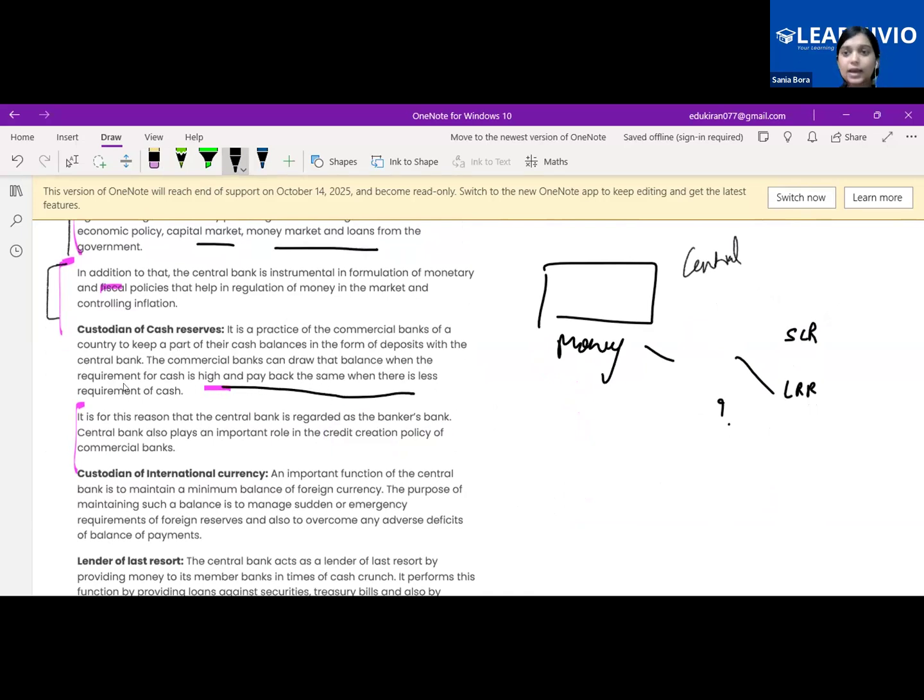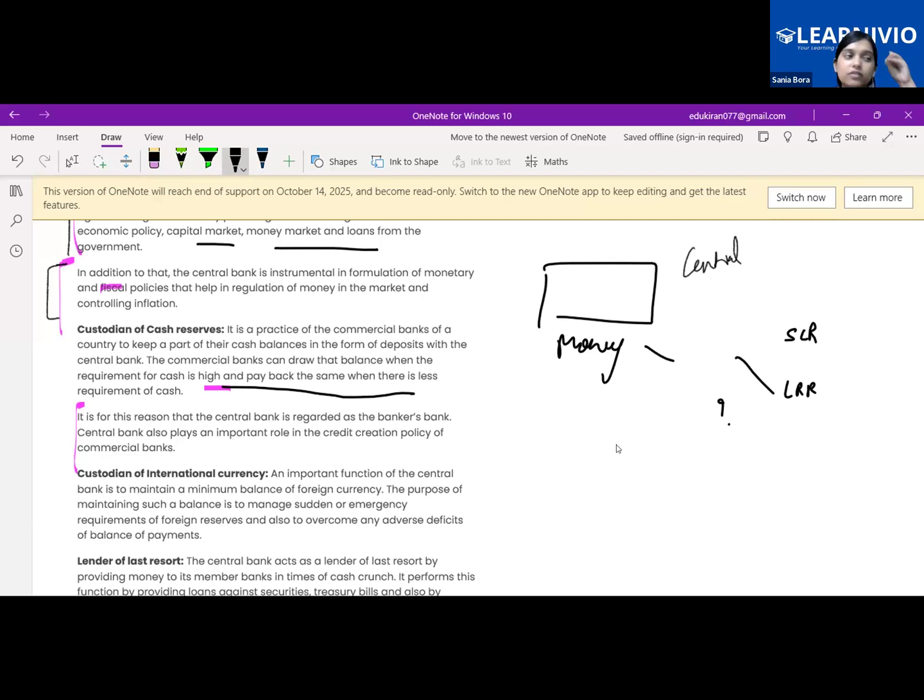For example, every time you are earning, you give me some money out of your salary. Why am I keeping this? So that later, let's say you switch companies and in that month you don't get a salary, I can help you with the money you deposited with me. This is how the central bank basically works.